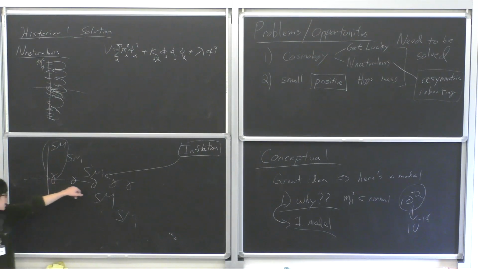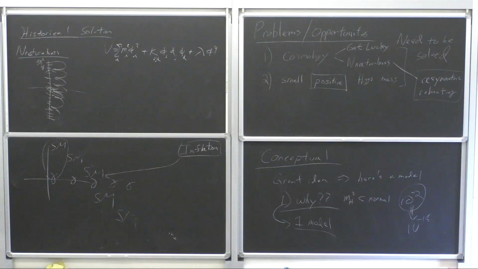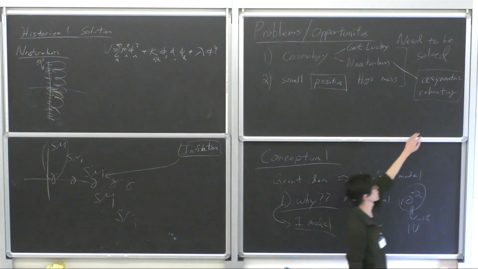Even though everyone has massless photons, somehow this guy is like, I want to decay to the standard model, the light guy, more than everyone else. So this is one reason why you might care about asymmetric reheating.